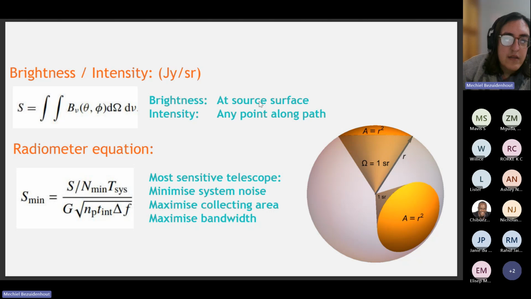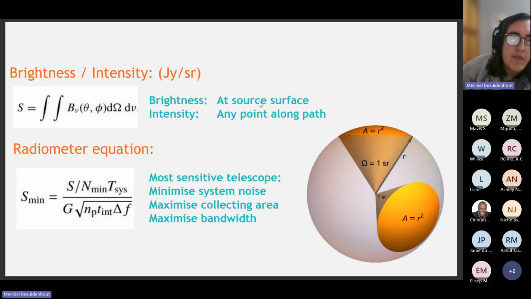Then the next important equation is the radiometer equation, and that gives you some estimate for the minimum flux that you're able to observe above a certain signal to noise ratio.